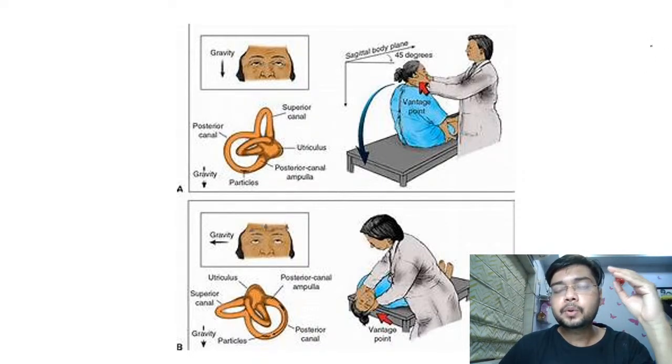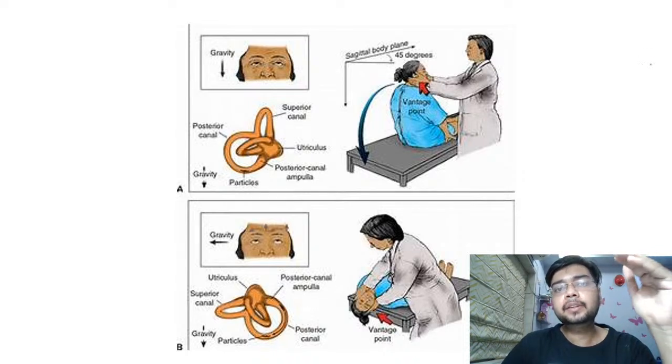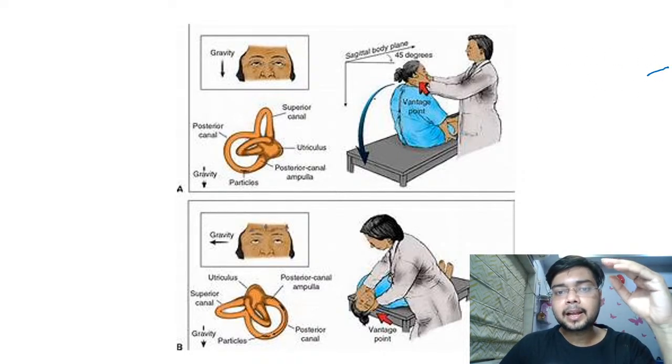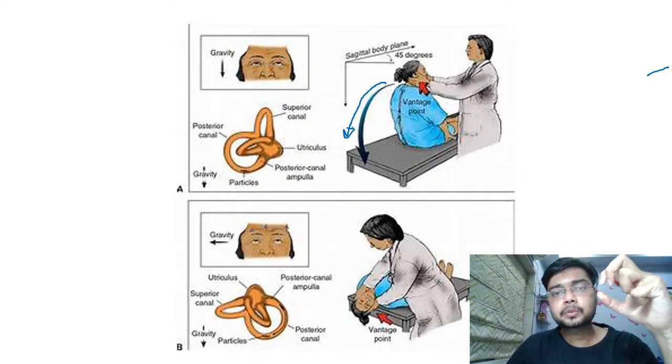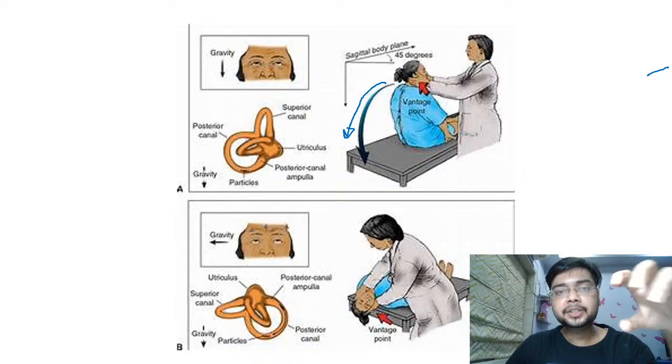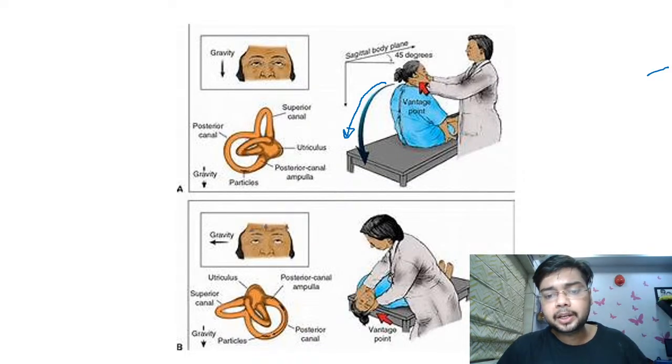That means if you are examining the right ear, you will turn the patient's head 45 degrees right towards you, and then you will make him lie with little abruptness. First you explain the procedure to the patient, and then you make the patient lie on the couch abruptly, head tilted around 30 degrees down, and you observe the eyes of the patient for the appearance of any nystagmus which has the characteristic of peripheral nystagmus.